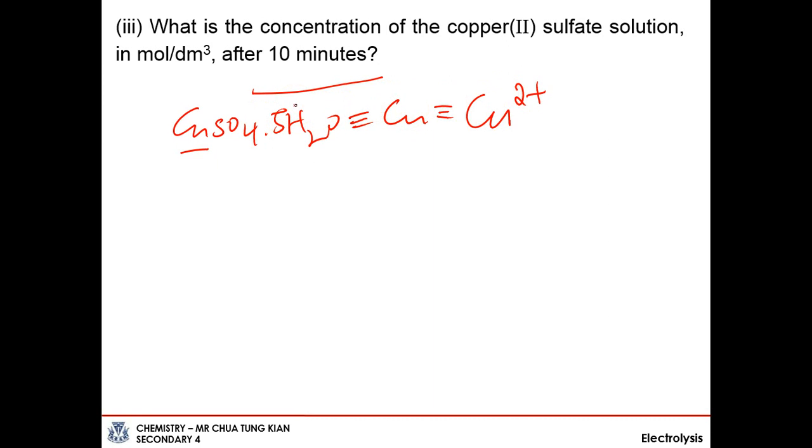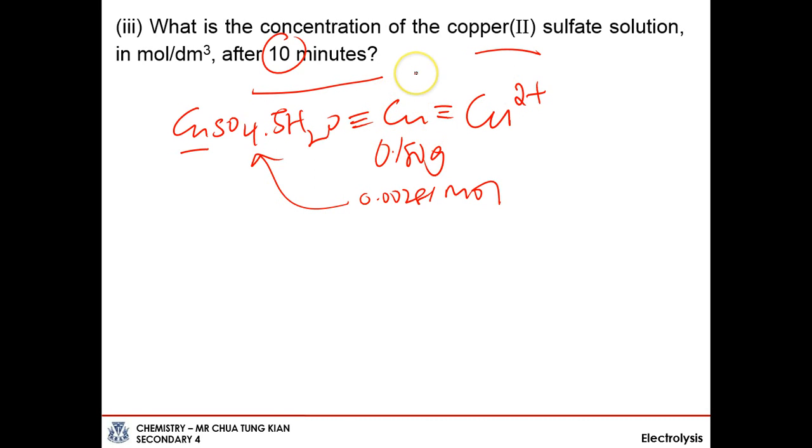So this is the first crucial step, and we know that at 10 minutes we have 0.180 grams or 0.00281 moles of copper deposited. So if we work backwards, we will know that 0.00281 moles of copper 2 sulfate has been lost because the copper has come out, it has deposited itself onto the electrode.